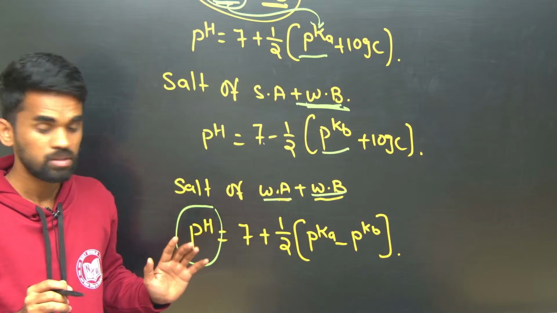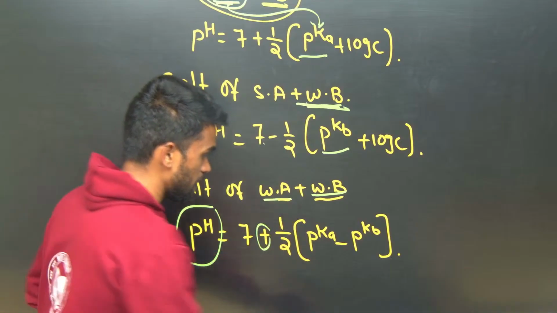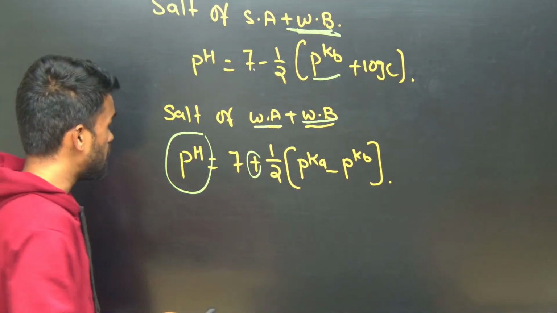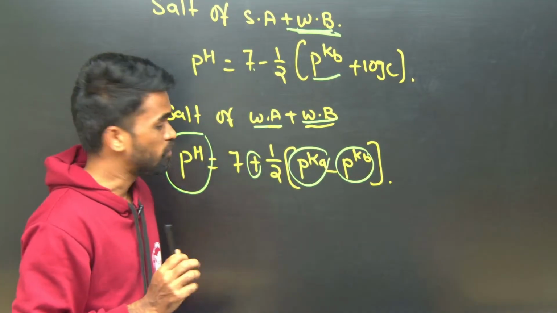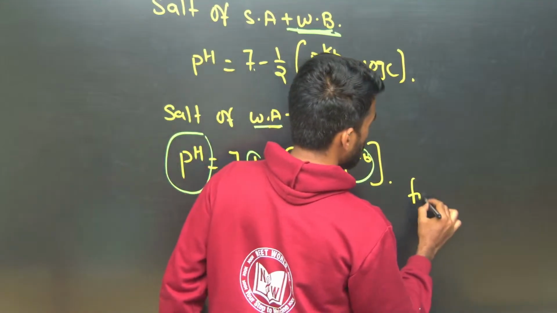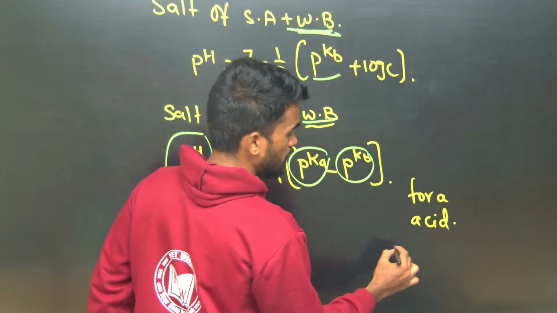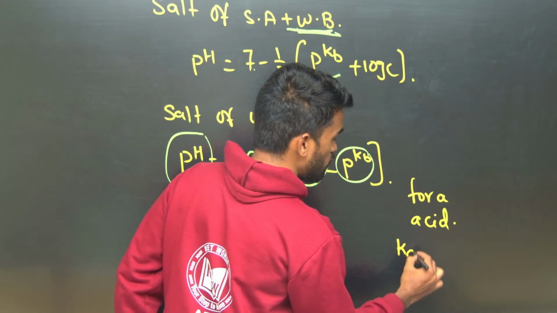Then why plus or not? Here this plus or minus indicates whether the solution is acidic or basic, which depends upon their pKa and pKb values. We know for an acid, if the acid is more acidic, its Ka value will be greater.